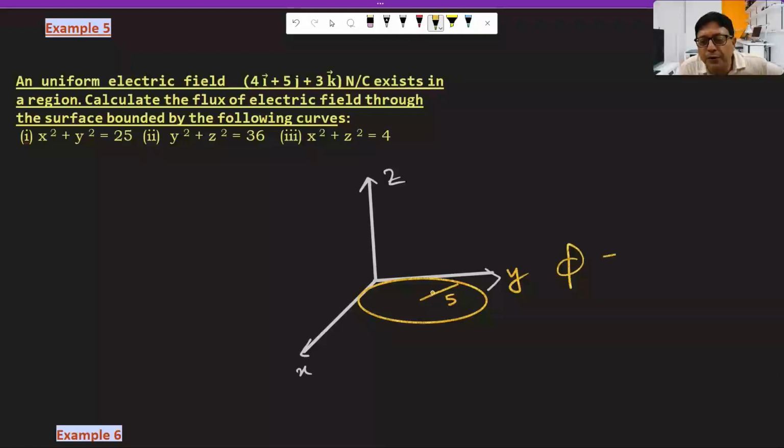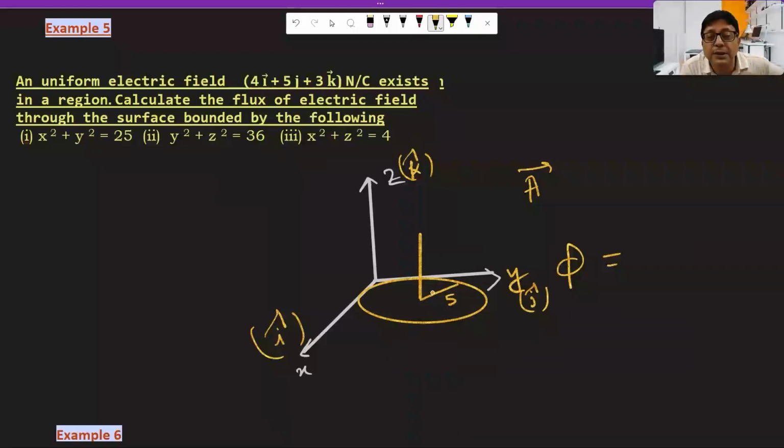So phi equals E dot area vector. Let us write the area vector first. Unit vector along z axis is k cap, this is i cap and this is j cap. The area vector is normal to the surface, and you can see that it is directed along the positive direction of z axis.